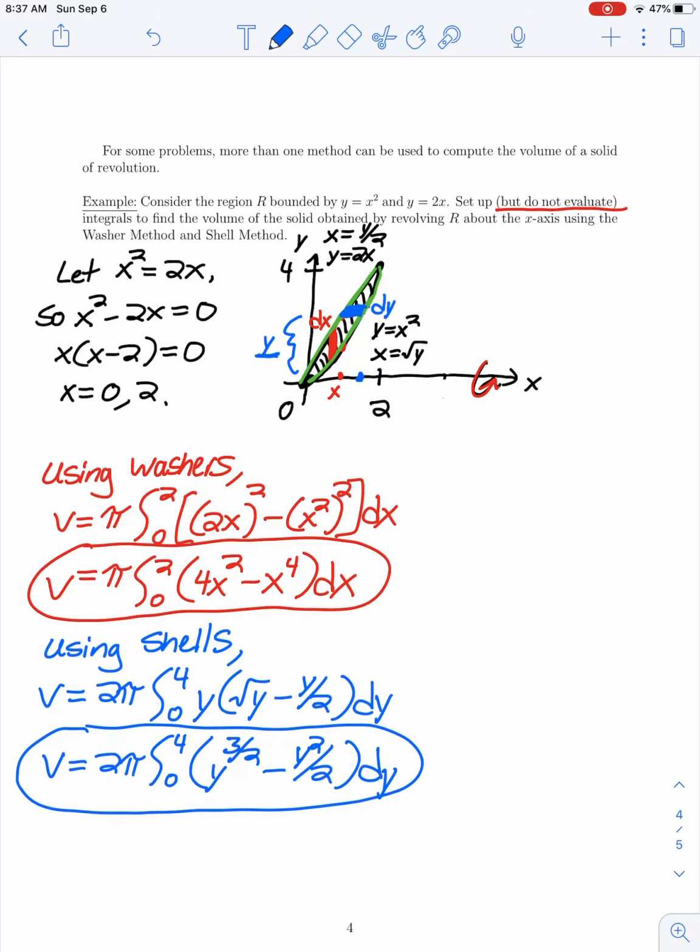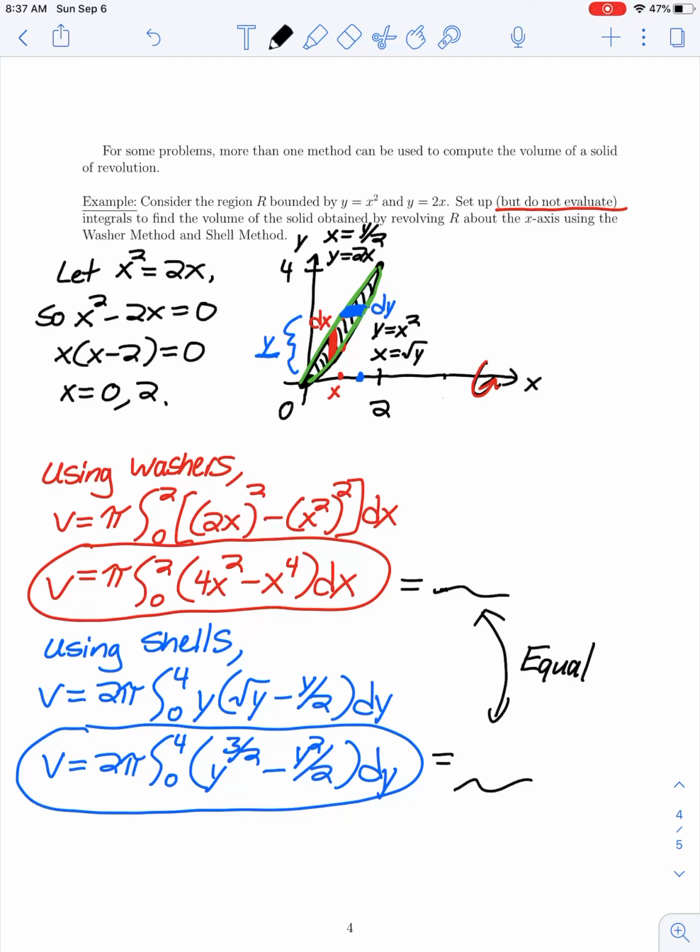So we have these two different integrals, which if we evaluate, would give us the same value, so whatever we have here and here are equal to one another. And we can see for this example, we would probably prefer to use that washer method.